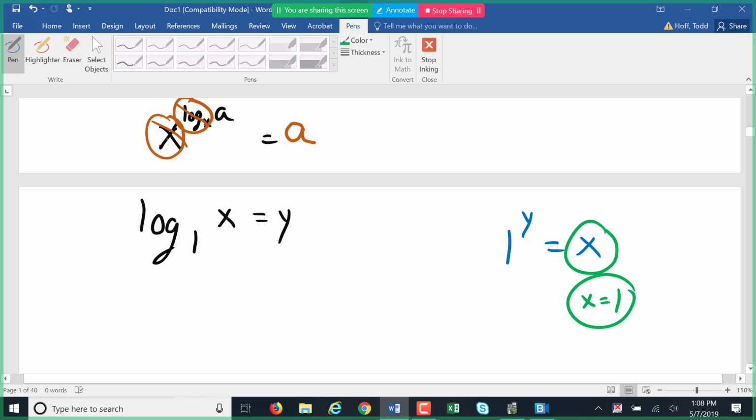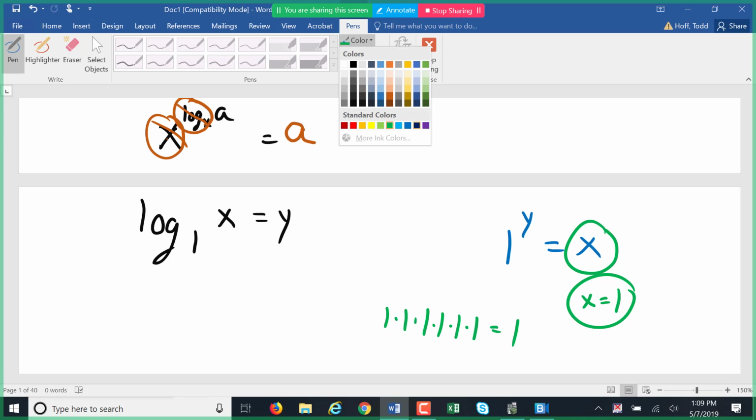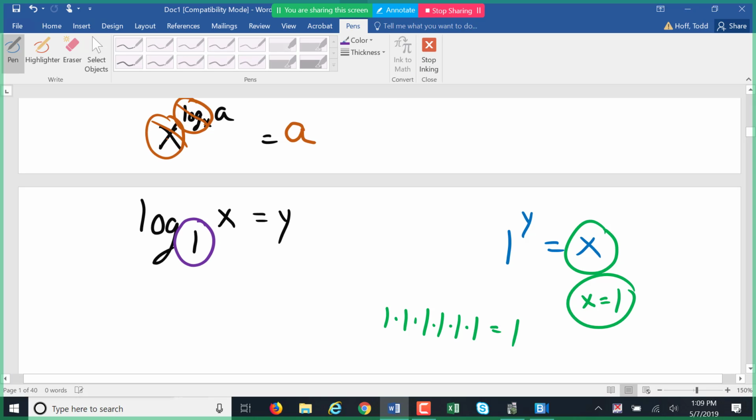One. Because 1 to any power is going to be 1. I can multiply as many 1s together as I want to, and the answer is still going to be 1. So we really cannot have a log with a base of 1. It doesn't work.